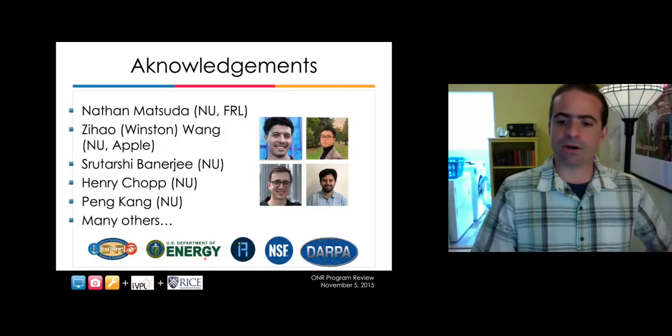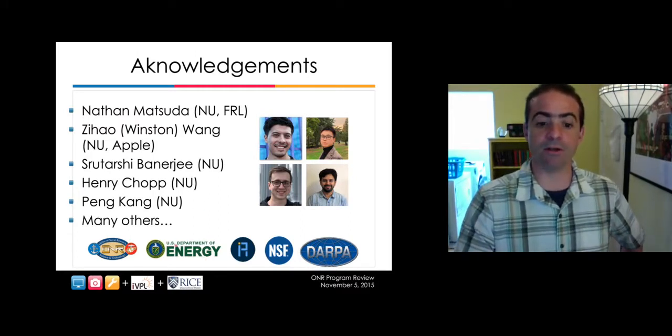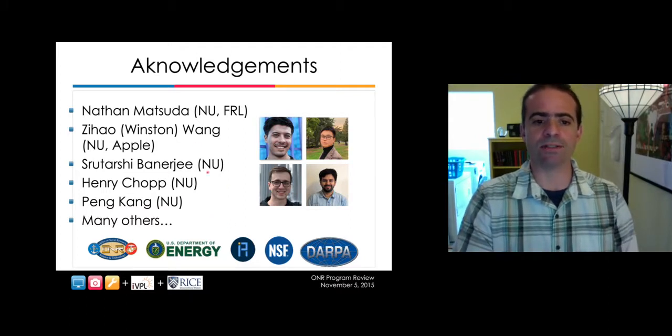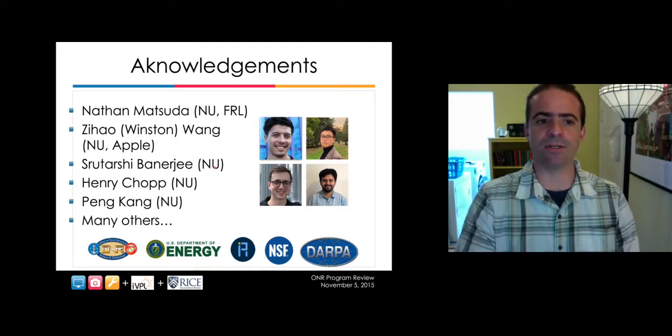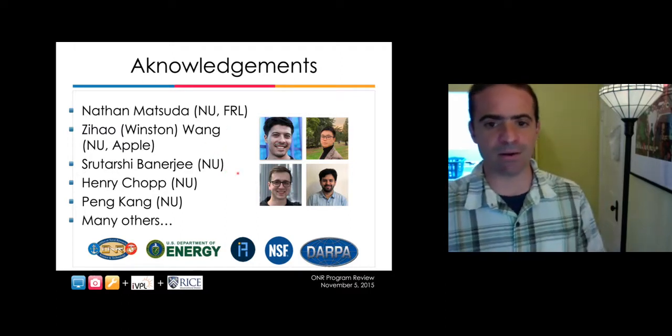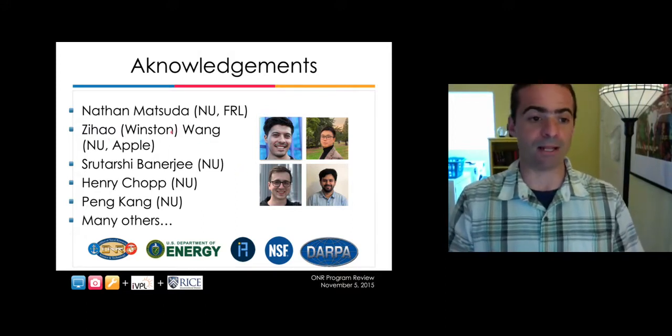Before I get started talking about the work, I want to give acknowledgments to the students who actually did the bulk of the work. Most of the work I'm presenting today was completed by Nathan Matsuda, who was a PhD student in my lab and is now at Facebook Reality Labs.